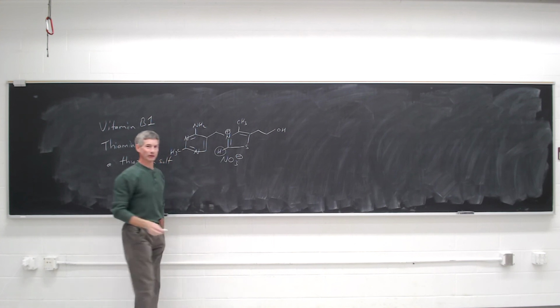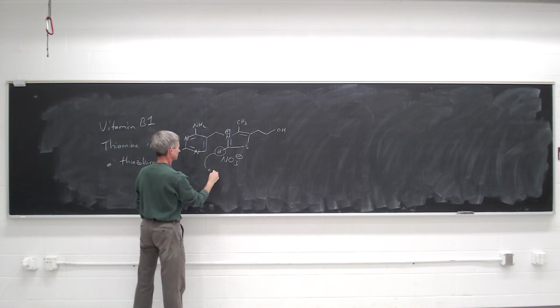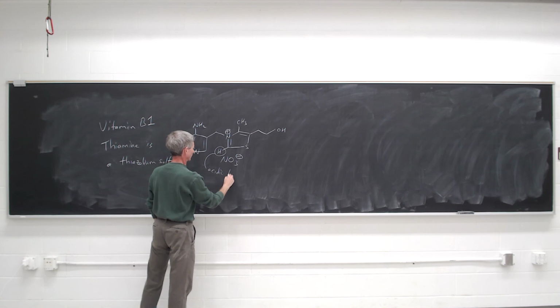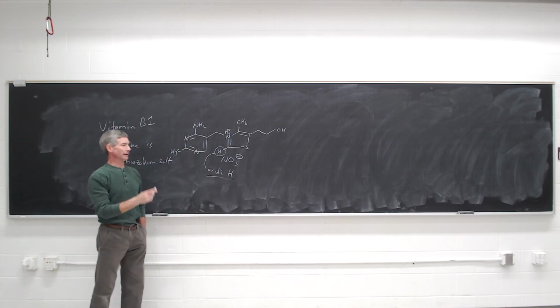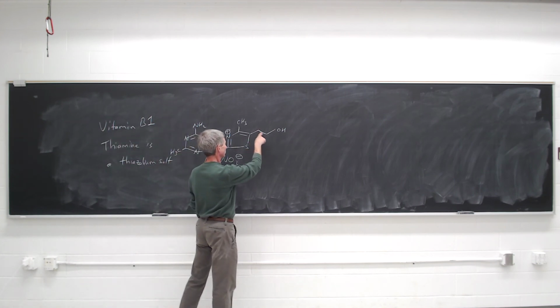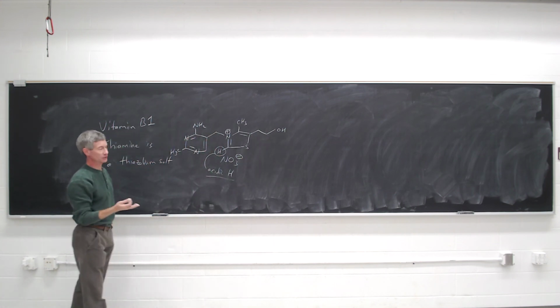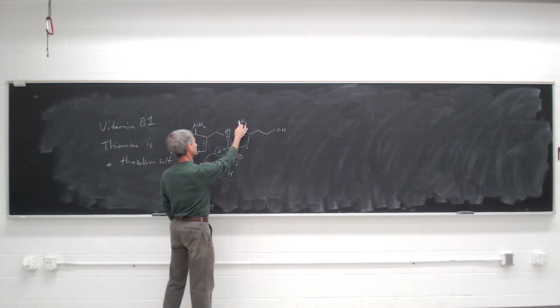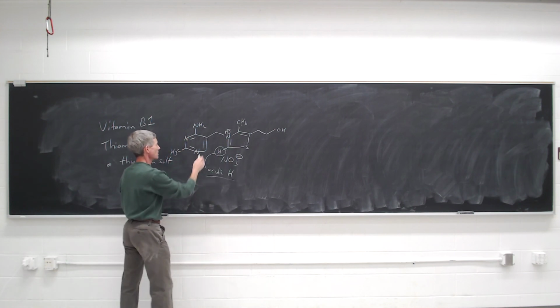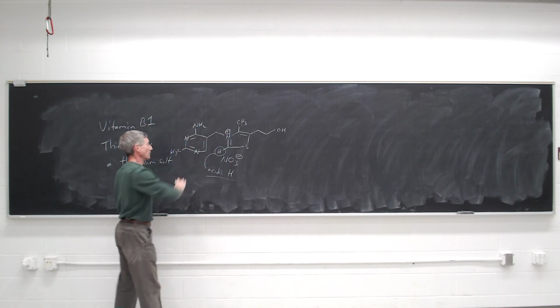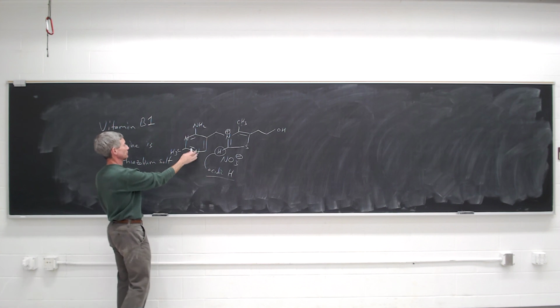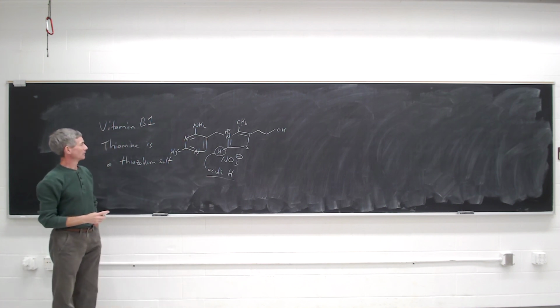There's the acidic hydrogen there. And we've got a hydroxyethane on the position next to the sulfur, a CH3 over here next to the nitrogen, and then this pyrimidine ring, two nitrogens here attached.